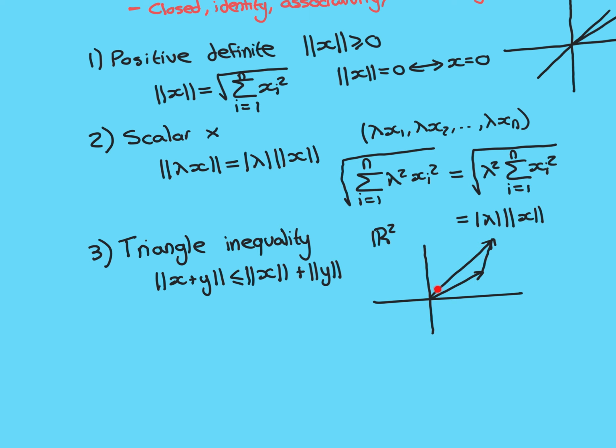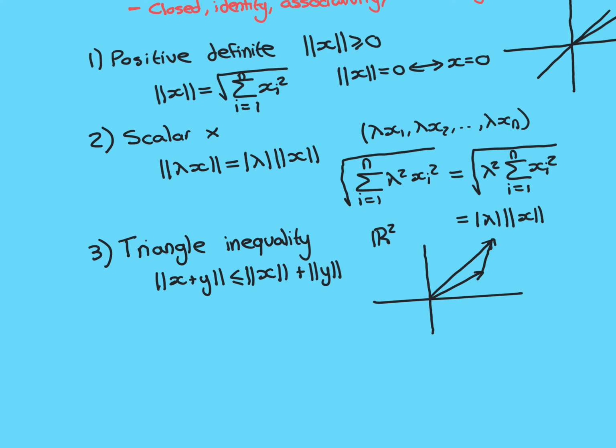And I'm saying, look at the length of this vector x plus y: it's going to be less than or equal to the length of the vector x plus the length of the vector y. So it's effectively saying that this side of the triangle is always less than or equal to the two other sides of the triangle added together.